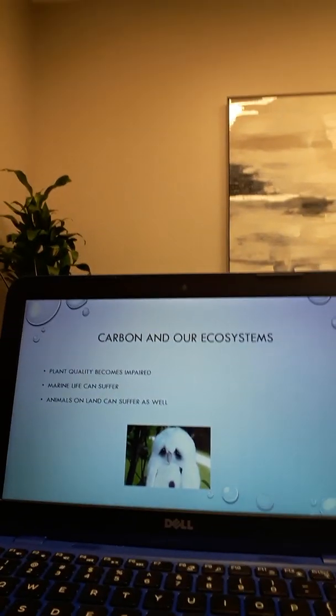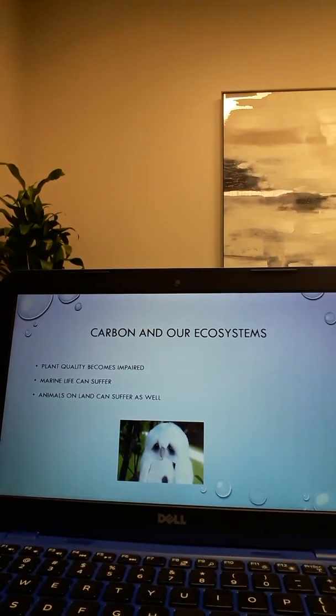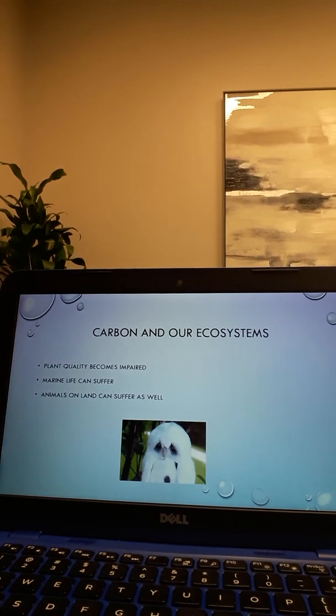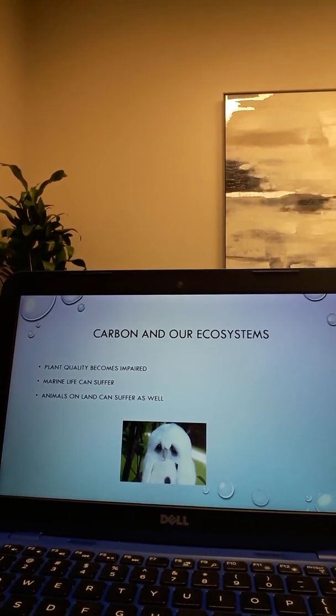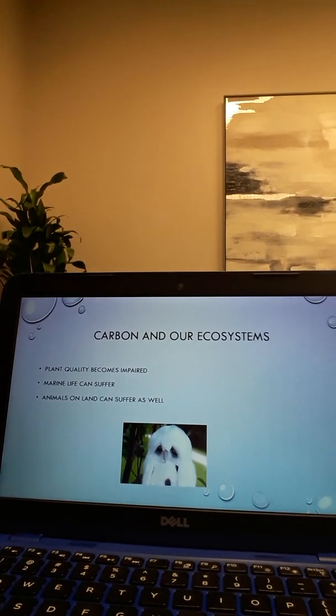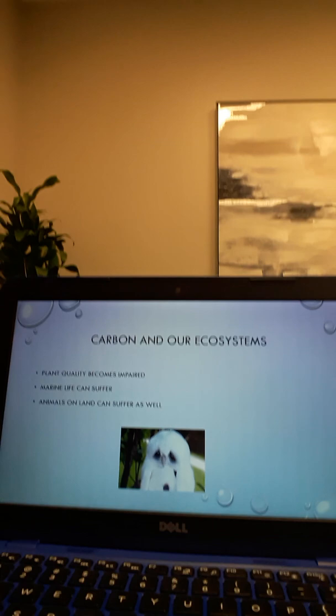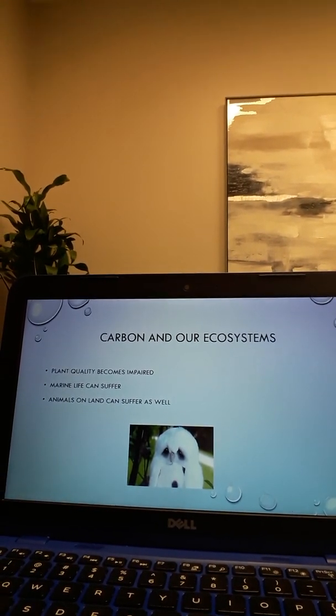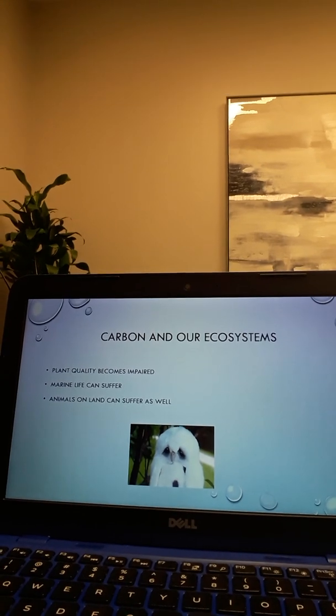So, carbon in our ecosystems. Obviously, we talked about this, the marine life can suffer, but also plant quality becomes impaired, and animals on land can suffer as well. And carbon is carbon dioxide, for example. Humans, we actually exhale carbon dioxide back into the environment.